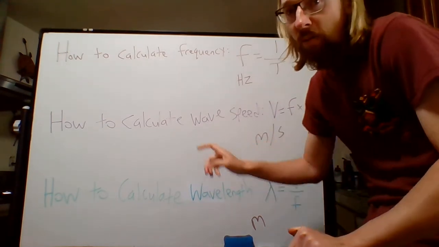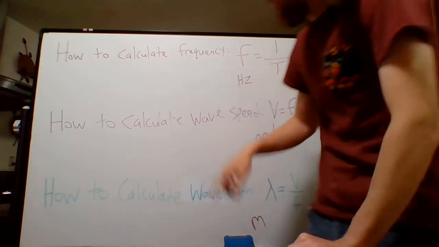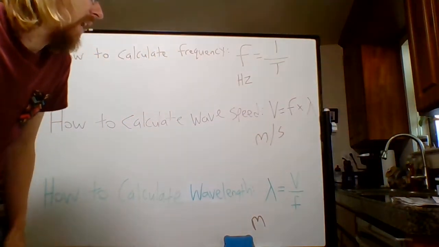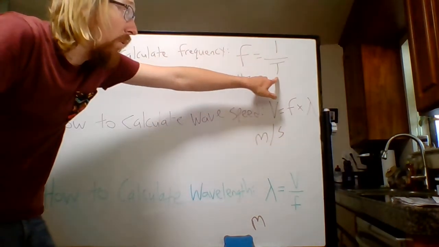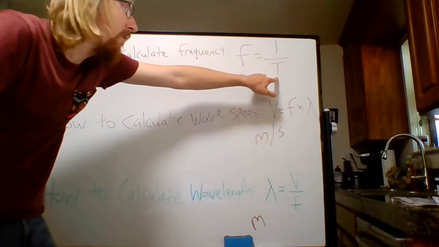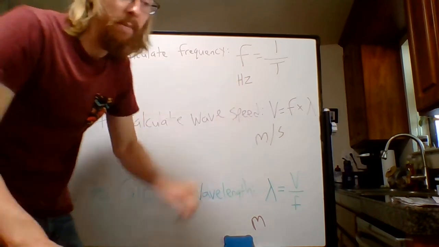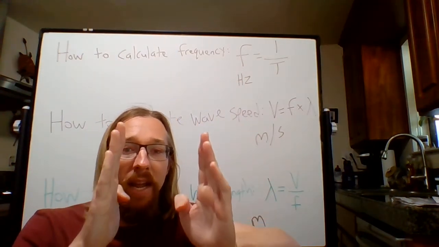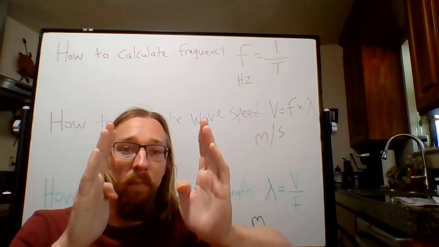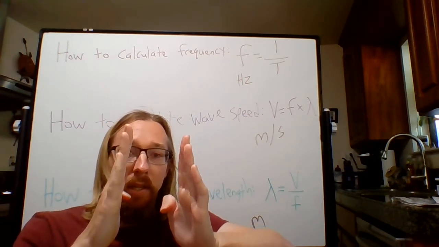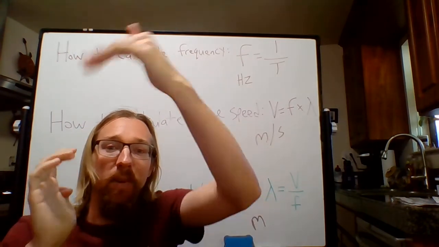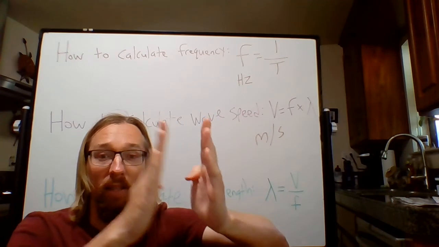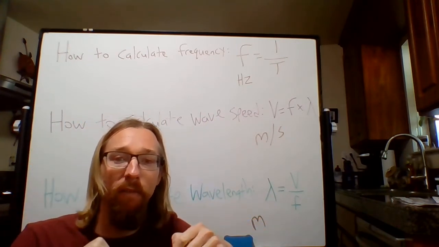I want to rewind a little bit and go back to frequency. Frequency shows a very important concept: the period of a wave is inversely proportional to the frequency. That means if you have a wave that has a small period, then each up and down wave is really close together. This is high frequency. If you have a lot of waves close together, that's high frequency.